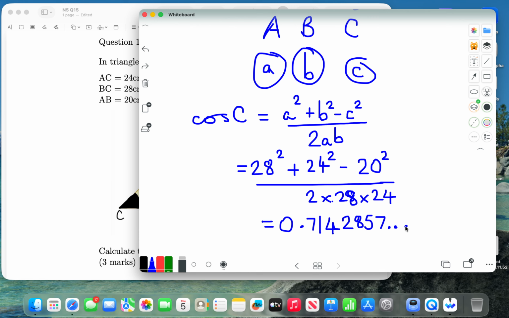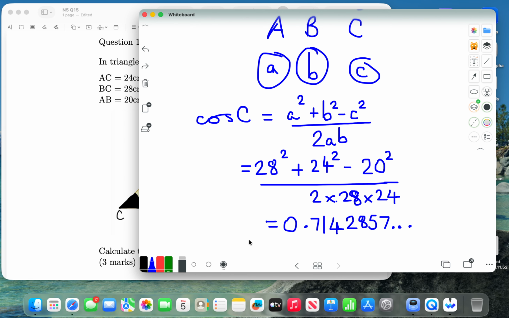You've got one more step, that is to find the angle C. Now to do this, you have to find the inverse cosine. On your calculator it will usually be labelled either this or this or something similar.